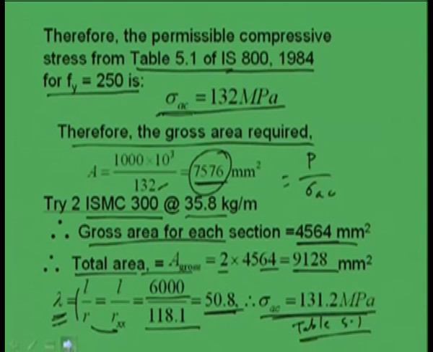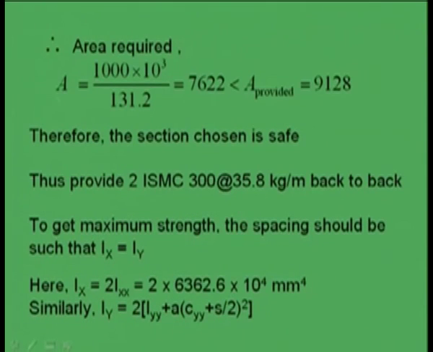Now, what will we do? Next we will find out the required area, because now we know the actual slenderness ratio and the actual load. The required area will be the actual load divided by the allowable compressive stress, and that is coming 7622 millimeter square.